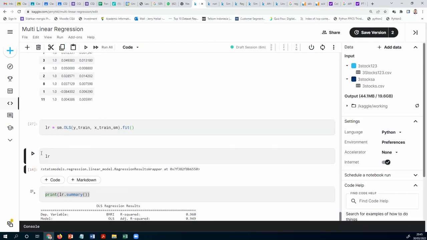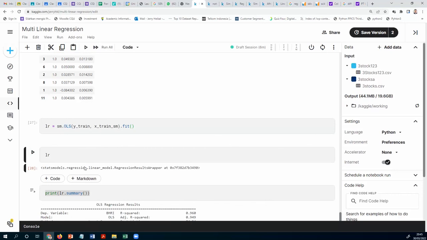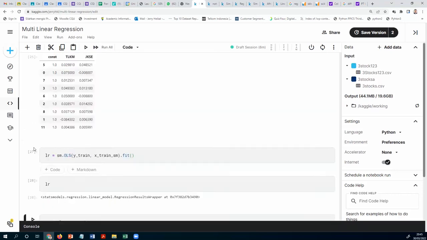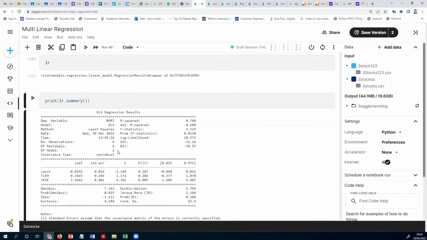And then let's print the linear regression summary. So this is the model. Let's see the p-value. Only the Jakarta Stock Exchange complies with a p-value below 0.05. Telkomsel is not.